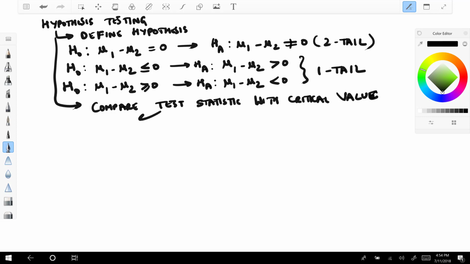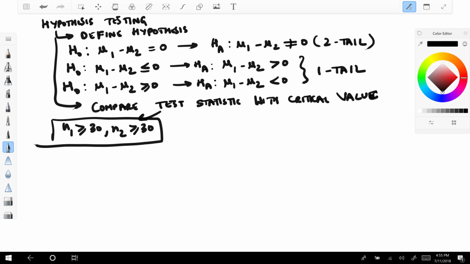For the test statistic, to use z-stat, we should have n1 and n2, both our samples, greater than or equal to 30 to make the difference in the means normally distributed using the central limit theorem. And then sigma 1, sigma 2 are known. So these conditions should be fulfilled in order to use z-stat.